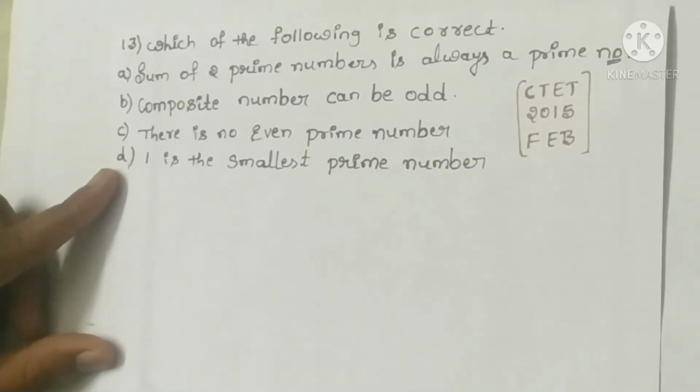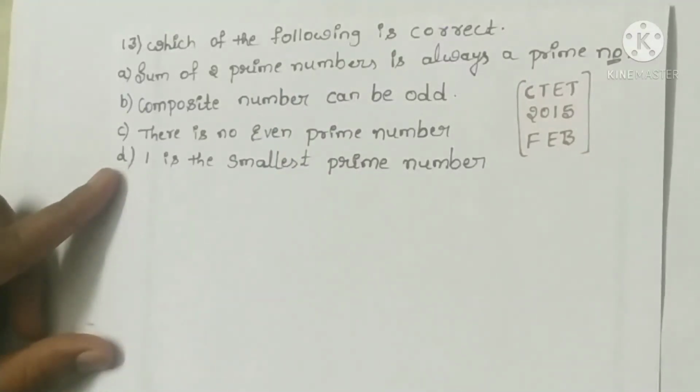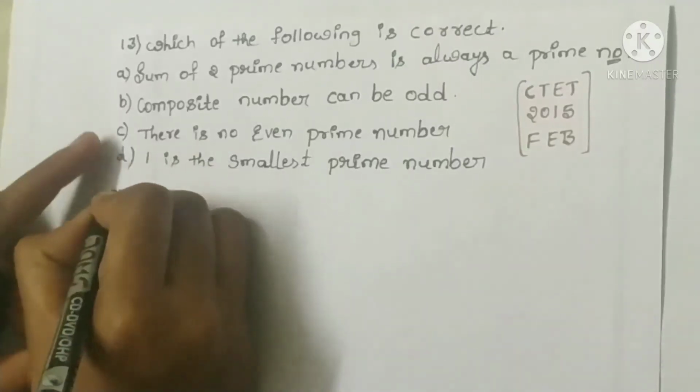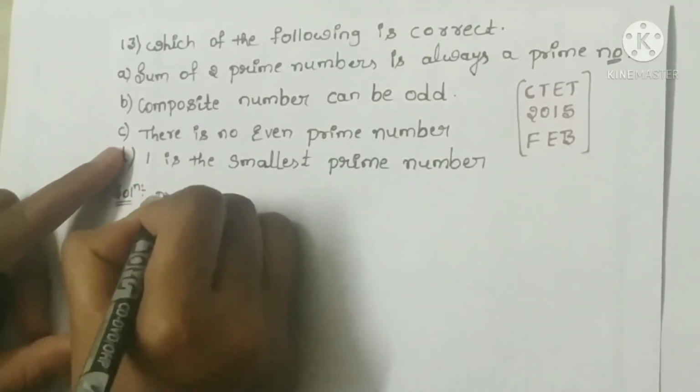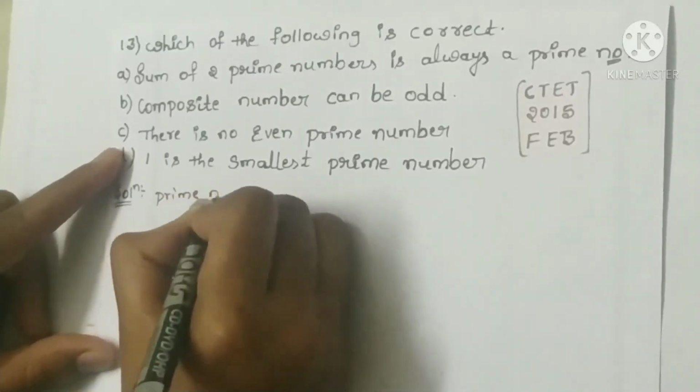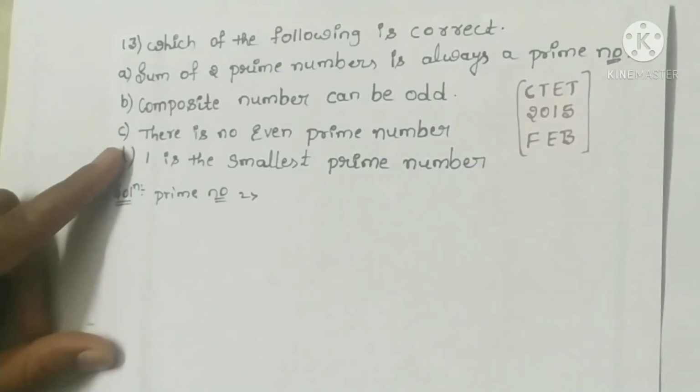Now, a prime number means the number which cannot be divided by any number except 1 and itself.